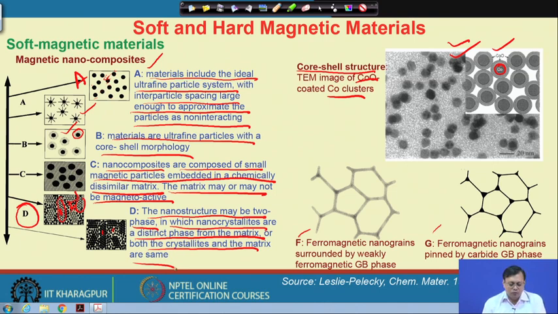However, one can also derive some microstructure along this direction of D, that I may have a ferromagnetic nanograin inside and that is surrounded by a grain boundary phase which is weakly ferromagnetic in nature, or maybe I may have a very strong ferromagnetic nanograin.